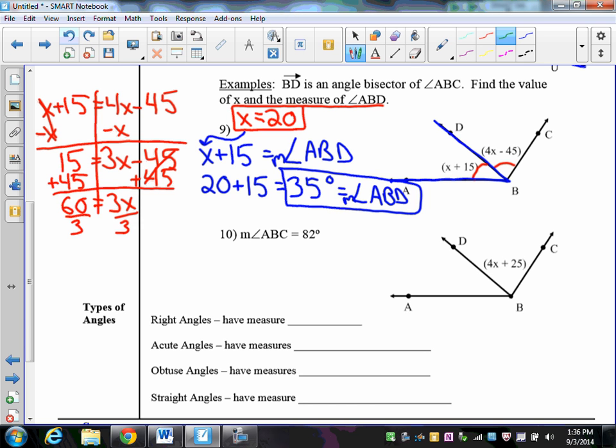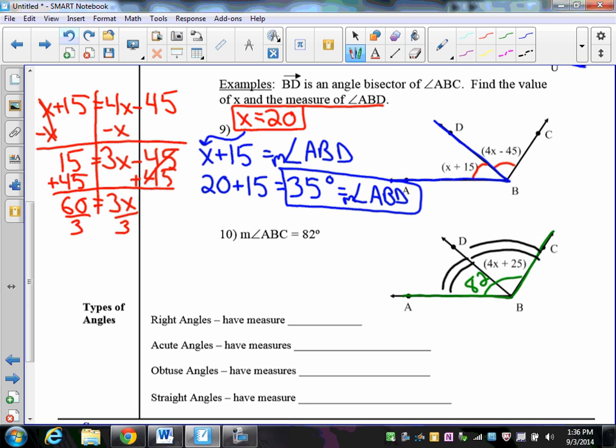We're told the same thing down here for number 10. So we're given that angle ABC, that's this whole thing, is 82. Just like we did above, we were able to figure out what half of this is. Remember, this bisects, so those two angles are equal.